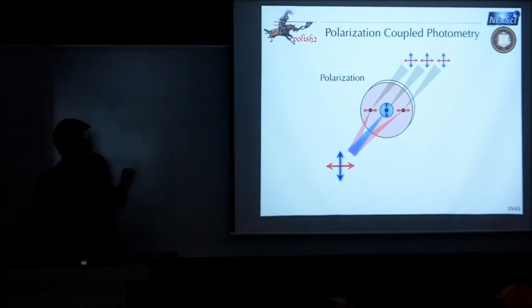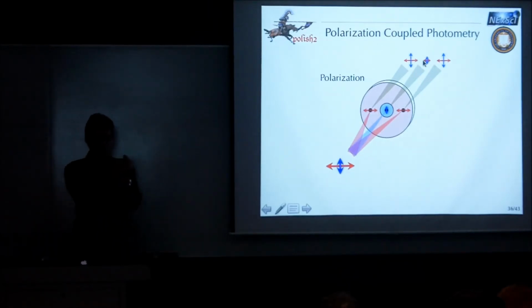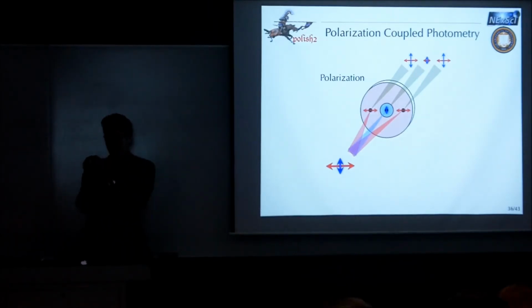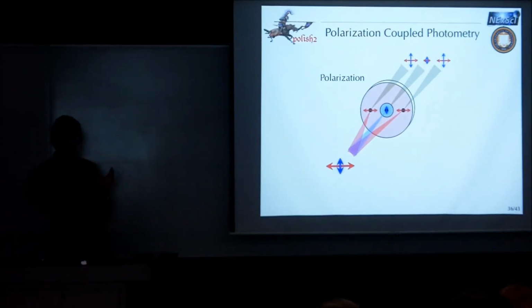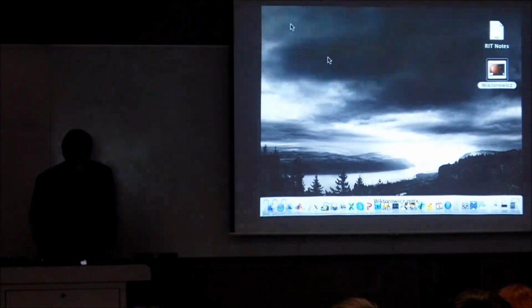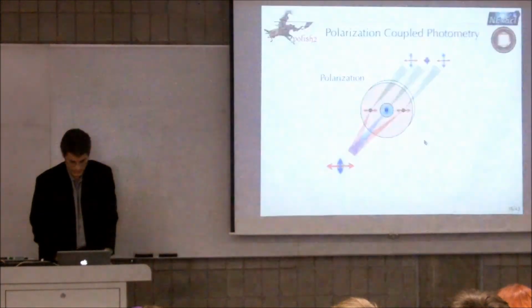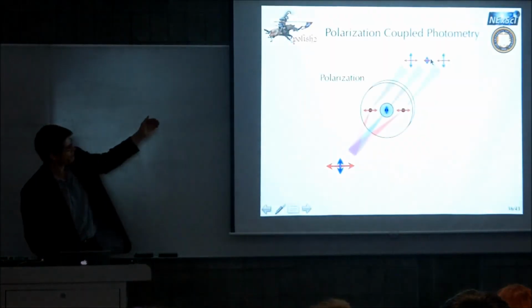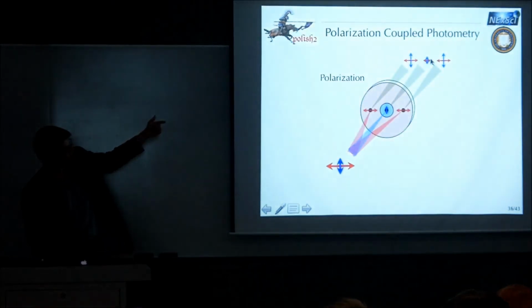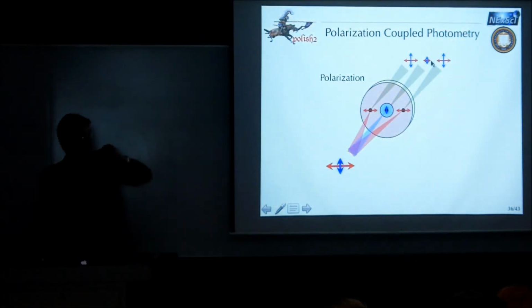Okay, why would we do this? Well, as the planet transits, remember, we're trying to see transits of low-mass planets. So they change the amount of polarization, or the flux that you get from your system. You'll have a little bit fewer photons during the transit.